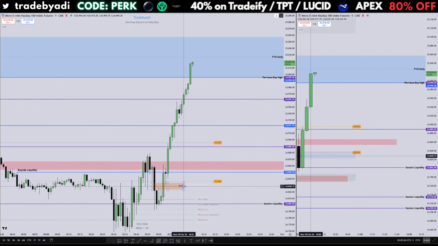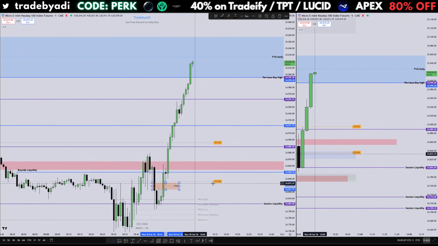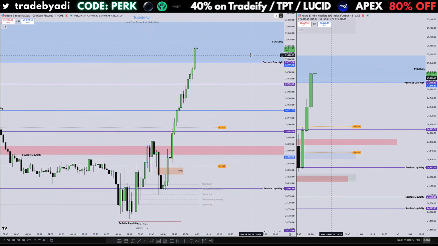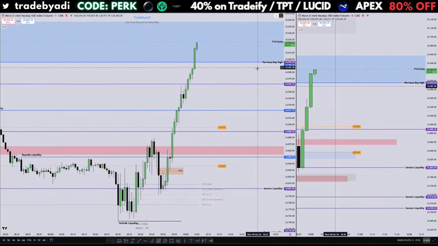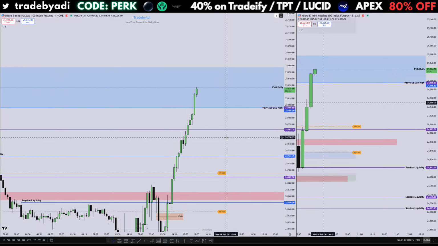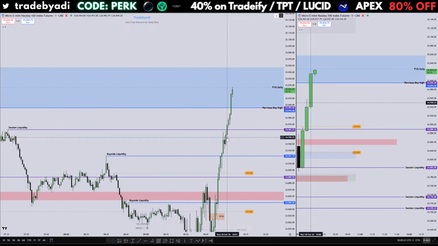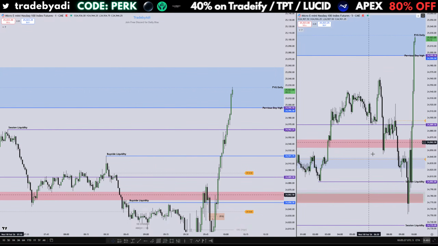On this inversion, did you long over here? If you longed, it is okay. But if you are chasing inside this range, that is not okay, because you don't know where you're going to put your stop loss. That is the main thing.